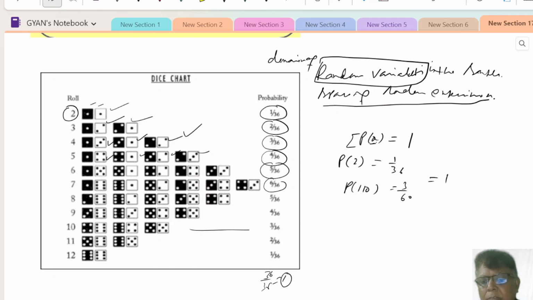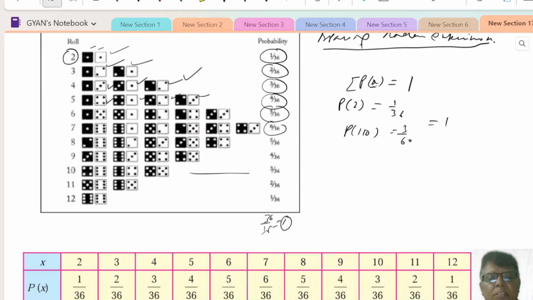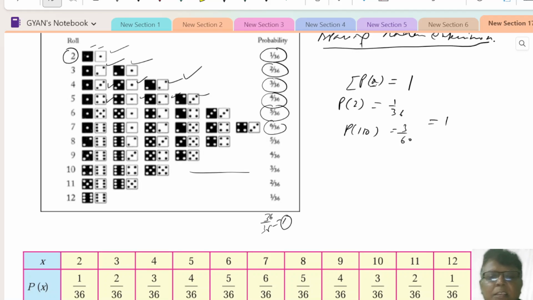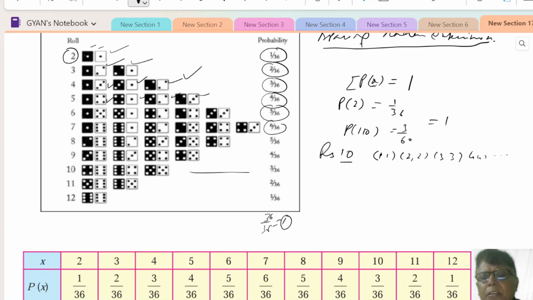Can the random variable be defined in this way only? No, it can be defined in many ways. Like if you get rupees 10 if the same numbers come, same numbers meaning 1 1, 2 2, 3 3, 4 4, 5 5, and similarly 6 6, and if you lose 5 rupees for the others.